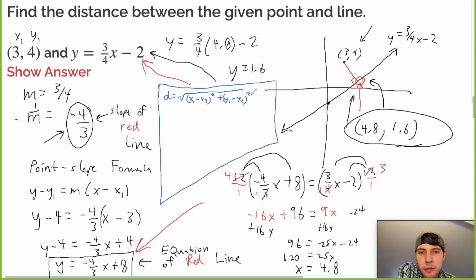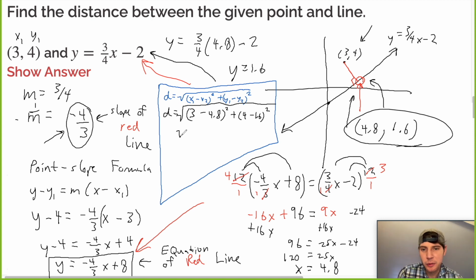Now we just plug in the values: distance = the square root of (3 - 4.8) squared plus (4 - 1.6) squared.